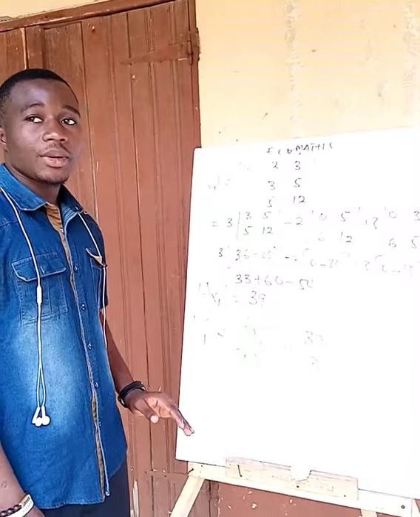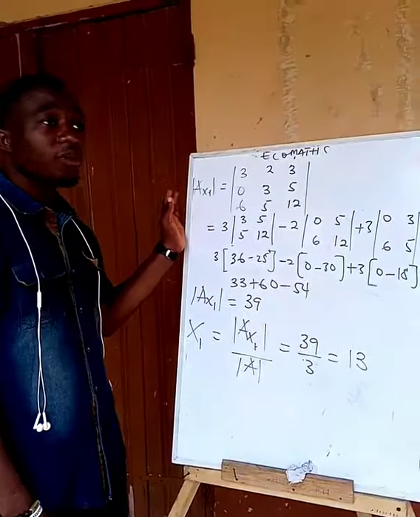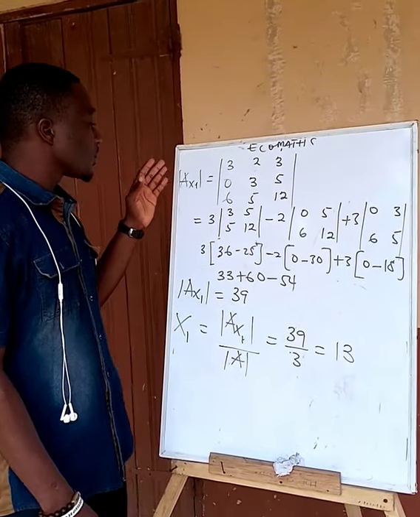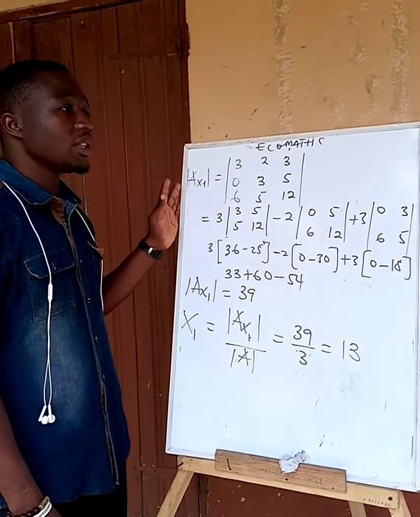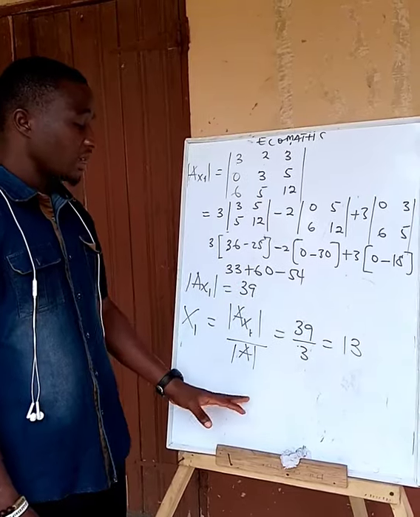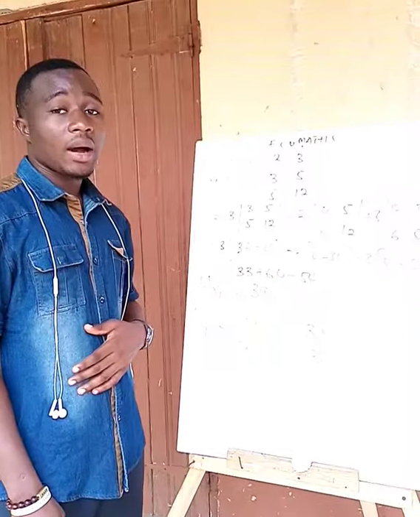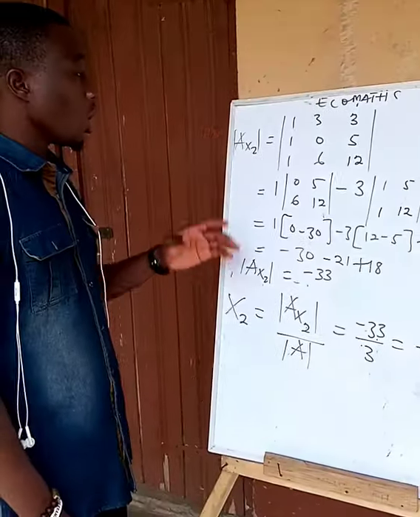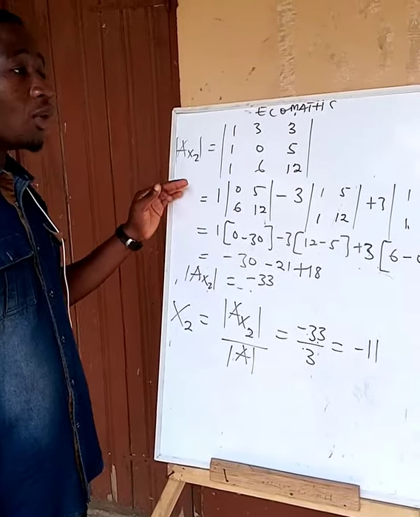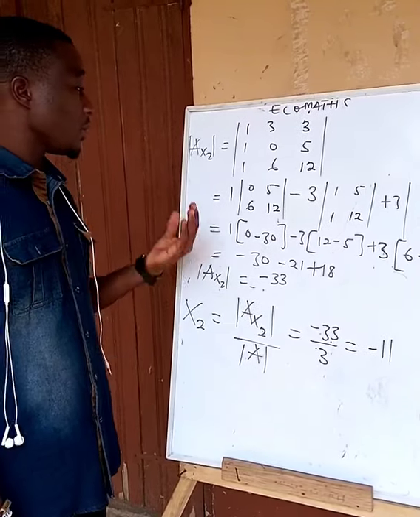So we'll do the same for x2 and x3. We'll go through the same process to find the determinant of A subscript x2 and A subscript x3, and divide by the determinant of the coefficient matrix in order to find our solution. So we'll do the same for A subscript x2.